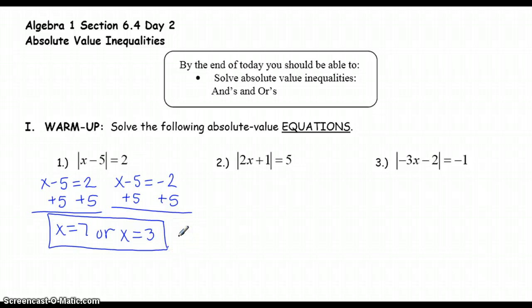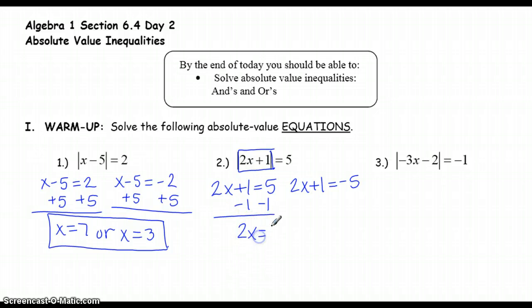Number 2. Remember, before you break it into two problems, you have to make sure that that absolute value is by itself on one side of your equation, which it is. So let's go ahead and break it into two problems. 2x plus 1 equals 5, and 2x plus 1 equals negative 5. Solve both equations.